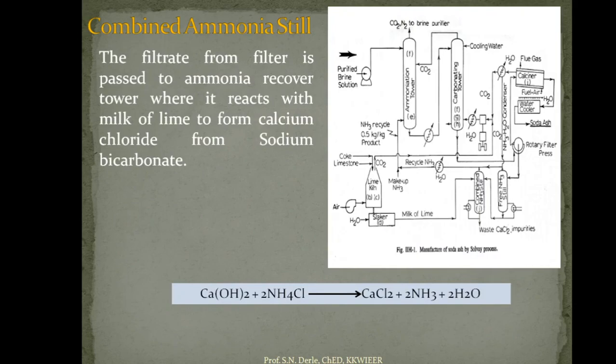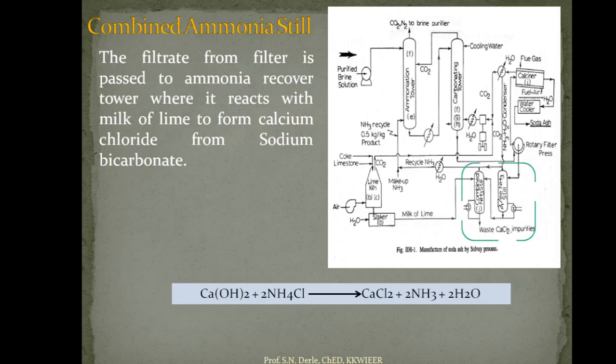Now we'll discuss what is happening in the combined ammonia still. The filtrate from the filter press is passed to the ammonia recovery tower, where it reacts with milk of lime. This is a combined ammonia still. The filtrate from this rotary filter is sent to this free ammonia still.